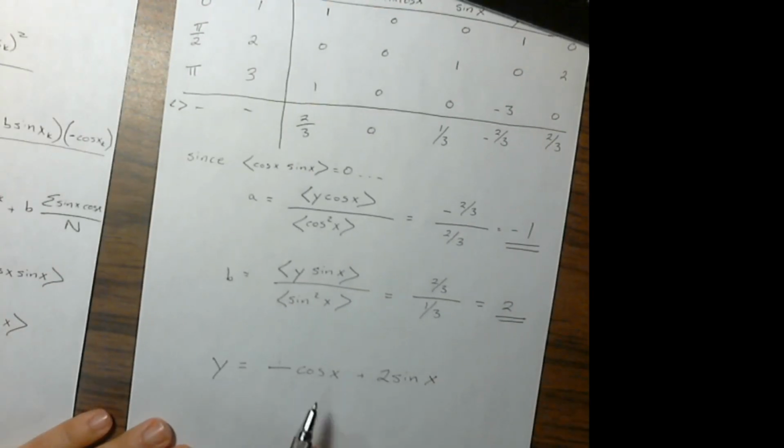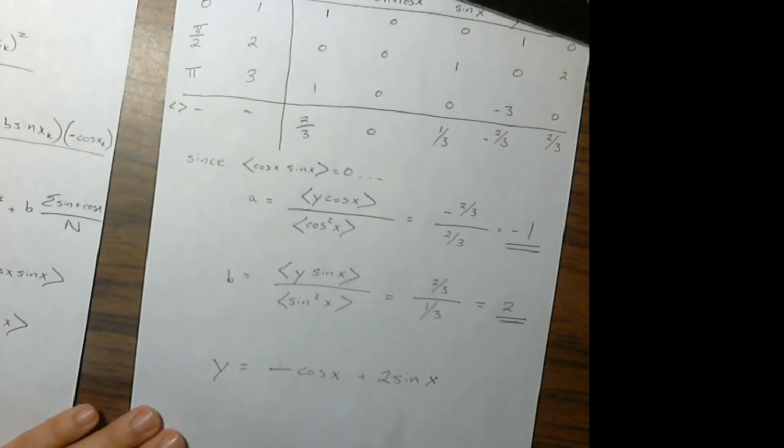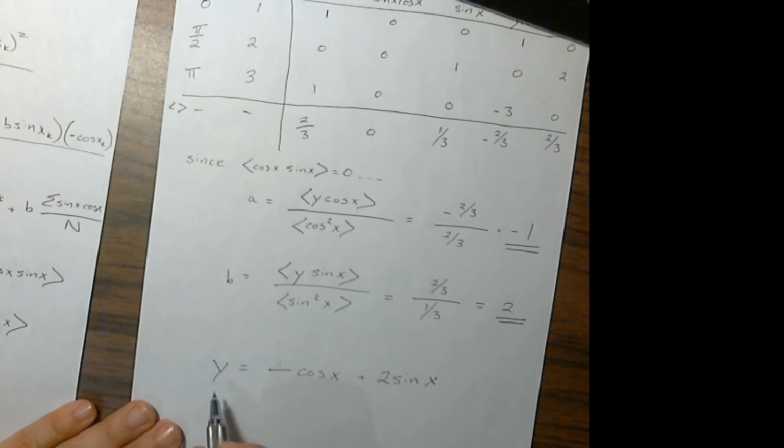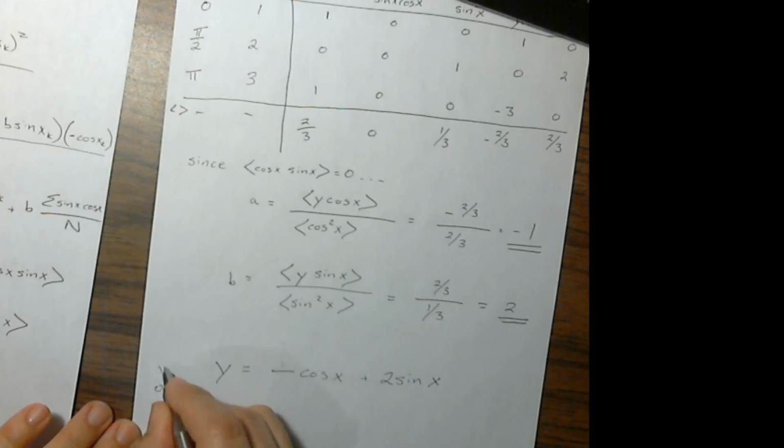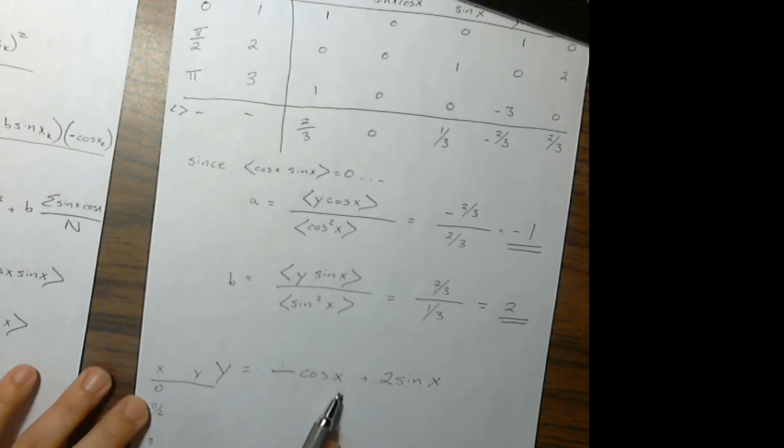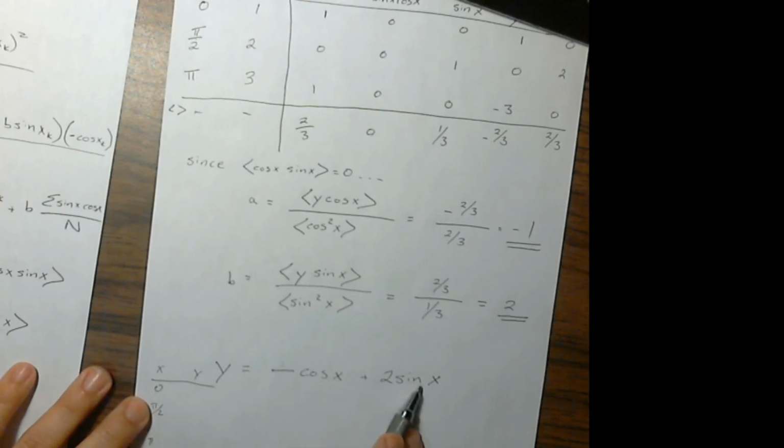So this is what I get for our fit. So at x equals 0, pi halves, and then pi. If I plug in for this, I get -1 here, and I get 0 here. -1, we're not off to a good start.